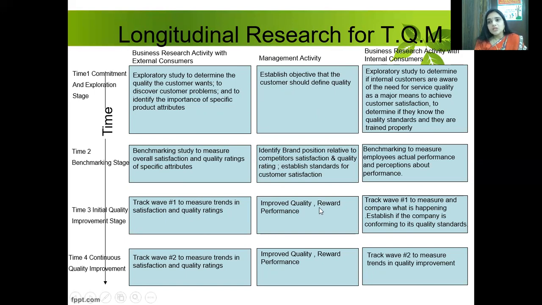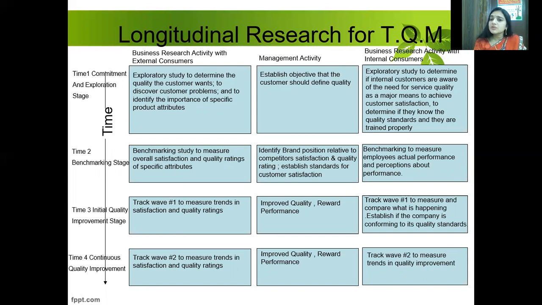When it comes to management activity, we need to actually improve quality. So we will be looking forward to improved quality of the product as well as employees and reward performance. We will try to negotiate with this, like we will try to list down the rewards for employees and as well as for customers in the form of promotion activities.